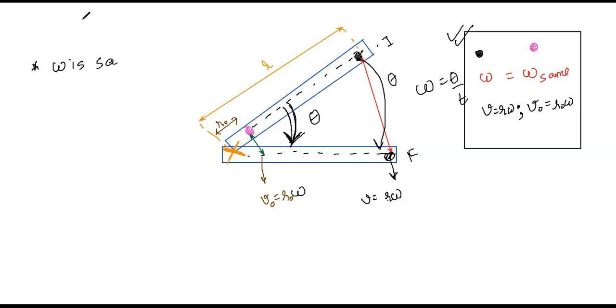So write the case. Case is rod turning about a fixed axis.